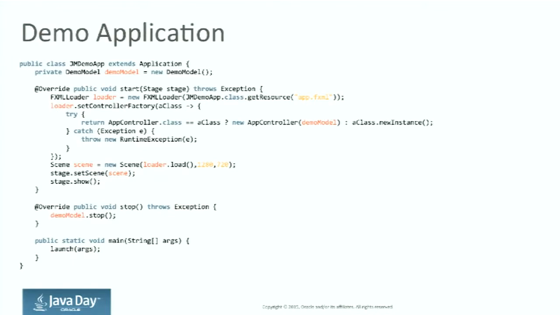So I use the FXML loader to load that FXML file and said, when you get to constructing the controller, pass into the constructor the demo model. So that's the only sort of clever thing we're doing here. And the final thing we have is when the application is stopped and exited, we tell the demo model to stop talking over the network and exit cleanly. So that's our entire UI application.